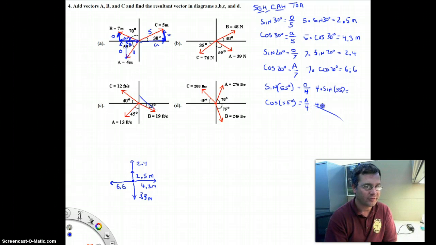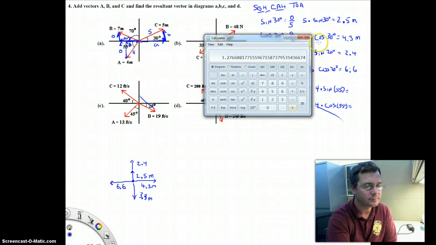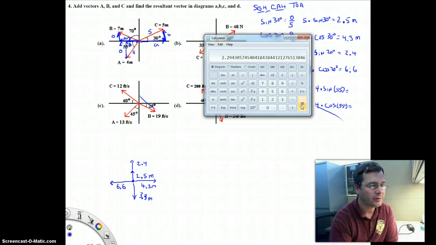We multiply both sides by 4 times the cosine 55 degrees, and that will give us the horizontal component. And then multiply that times the length of the hypotenuse, which is given as 4, and we see that that's about 2.3, and it's 2.3 to the left for triangle A, or for vector A.